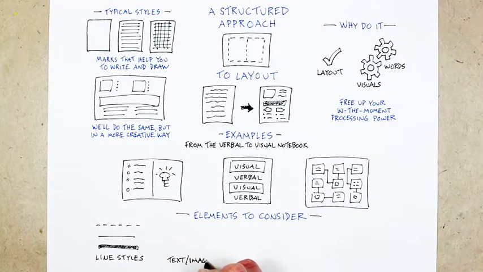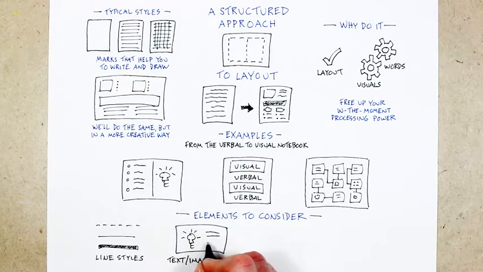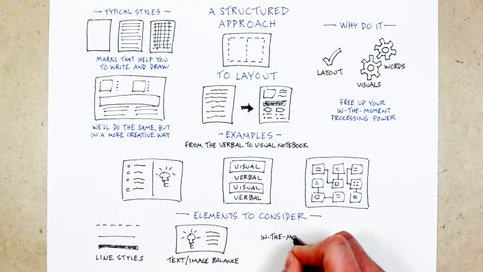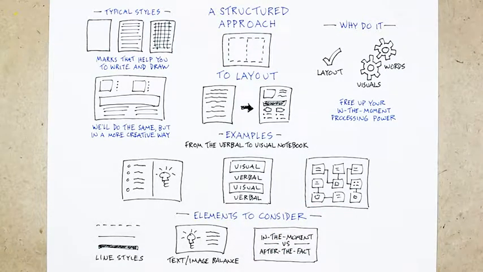Consider also creating some areas that are specifically dedicated for text and others that are dedicated for images. Also think about if there are some spaces that you want to fill in the moment during the note-taking process itself, and some you want to leave for later when you have more time to process and work with those ideas.